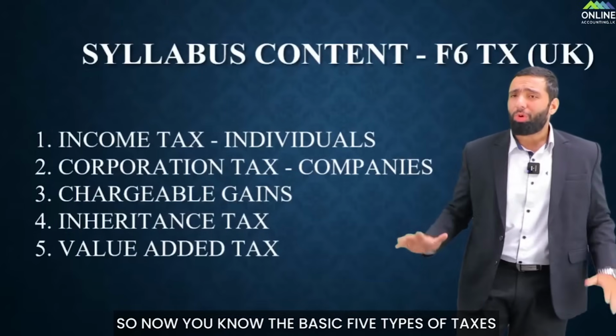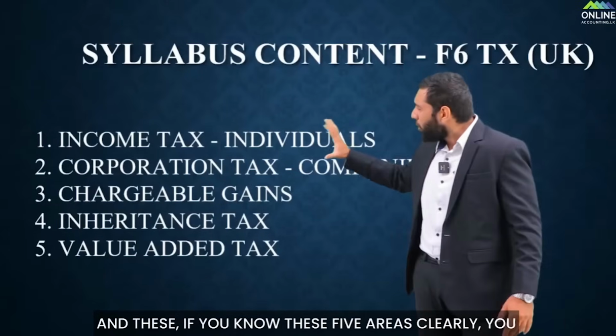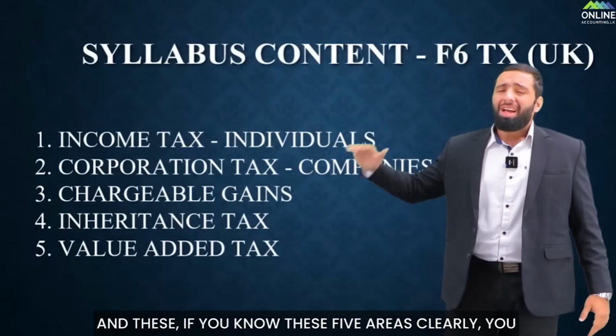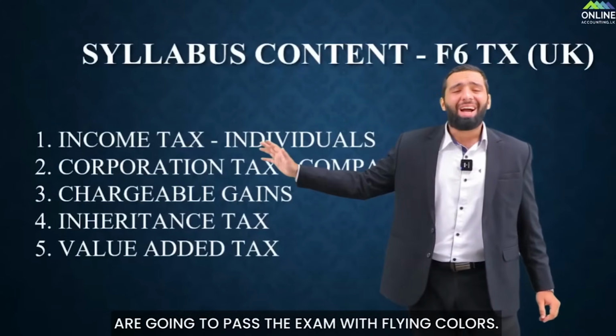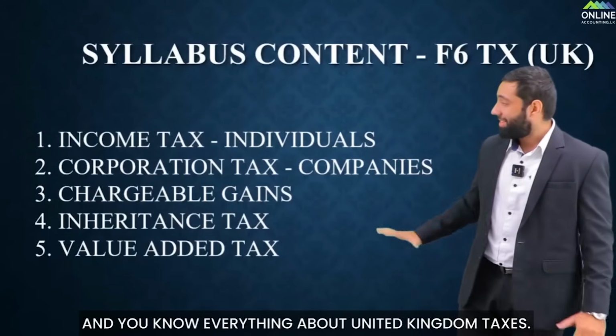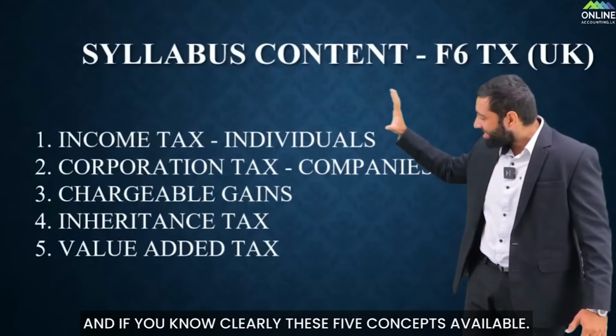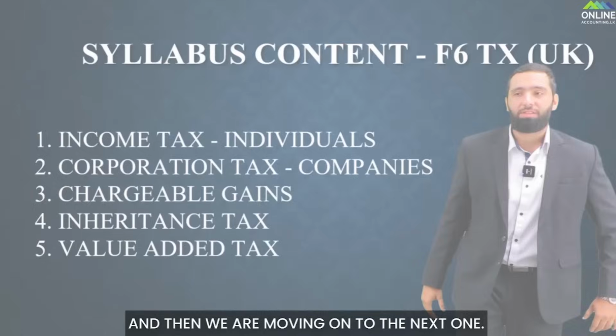So now you know the basic 5 types of taxes, and if you know these 5 areas clearly, you are going to pass the exam with flying colors and you know everything about United Kingdom taxes. Then we are moving on to the next one.